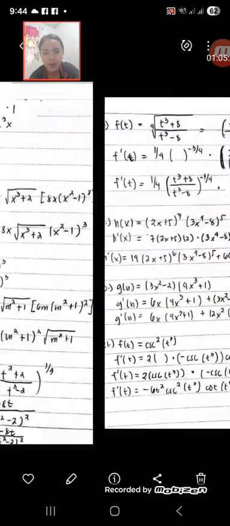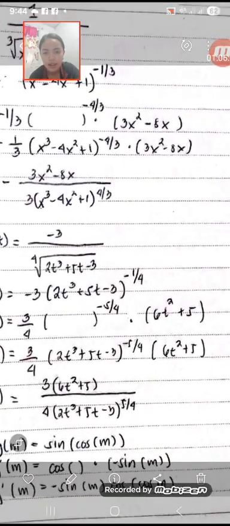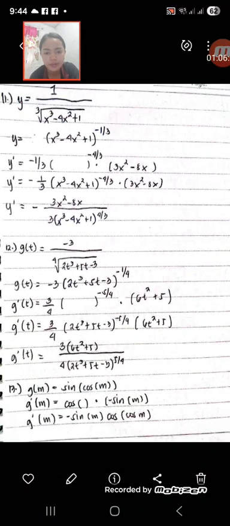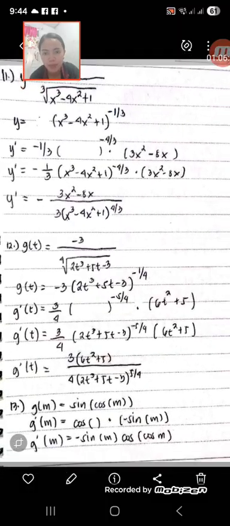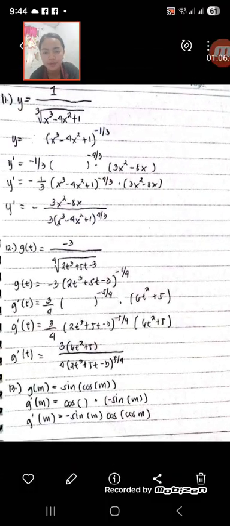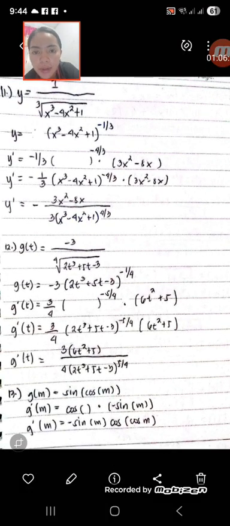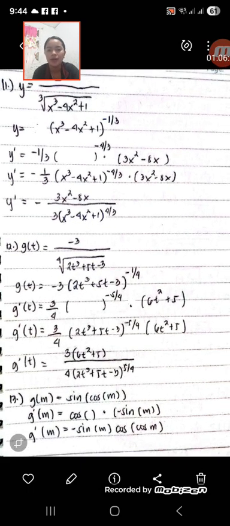And for number 11, the same process goes with here. For item number 11, we just need to rewrite this item into this form. We just need to differentiate first the outer function.